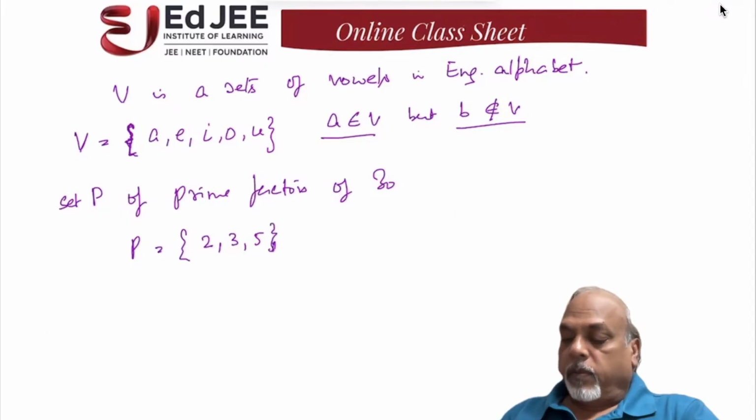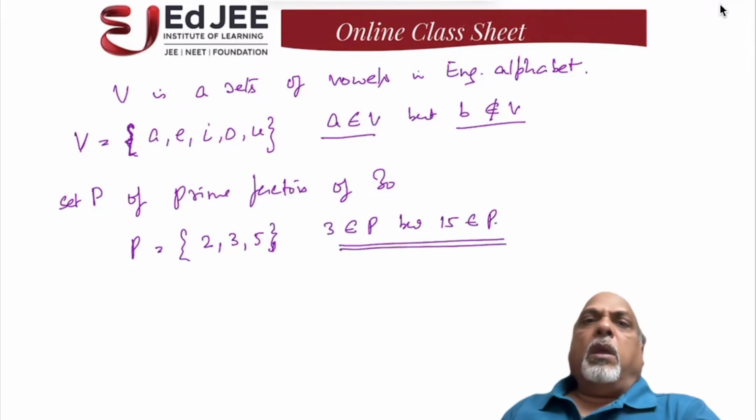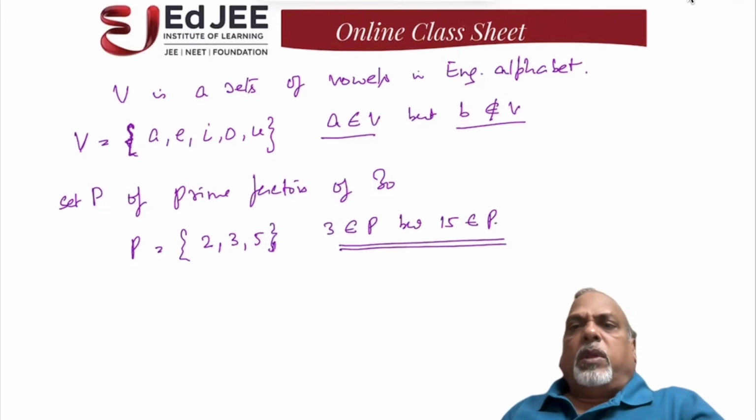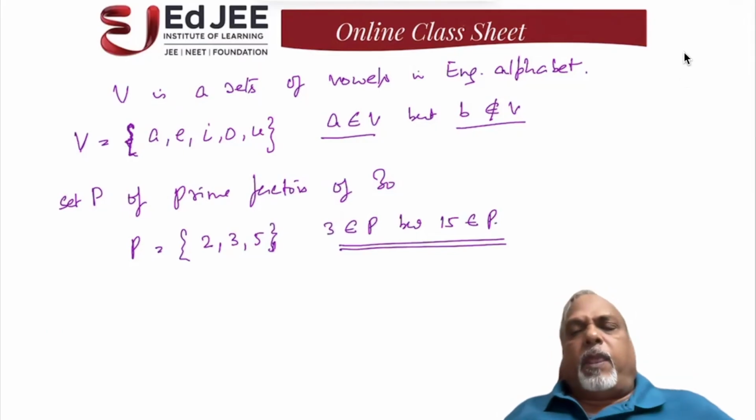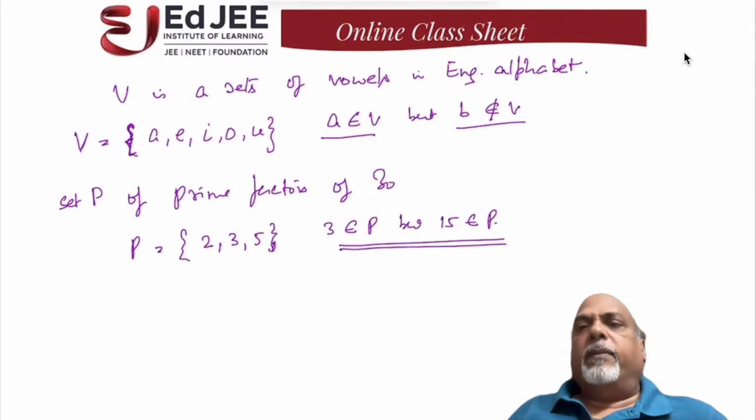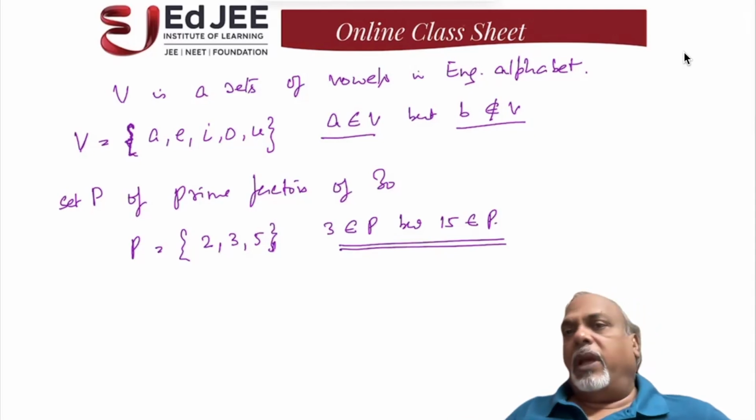So that means 3 belongs to P, but 15 does not belong to P. So this is basically how to represent a set, how to represent elements, and how to represent what belongs to the set and what does not belong to the set. Correct?